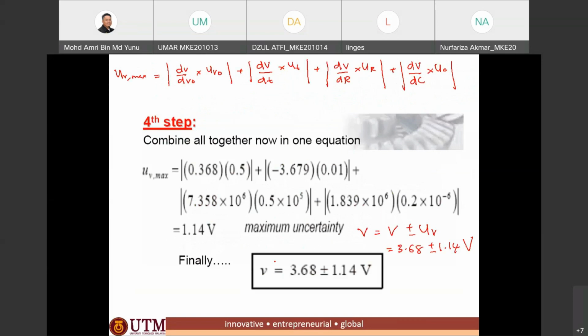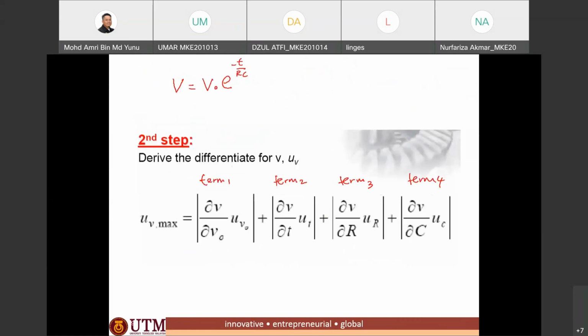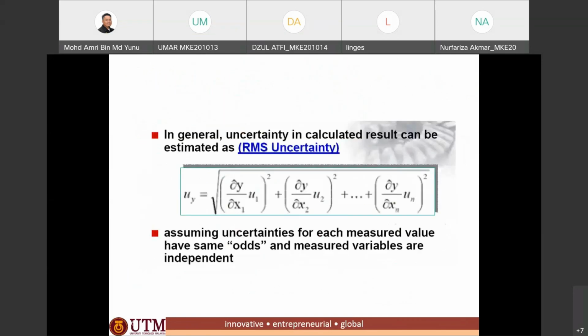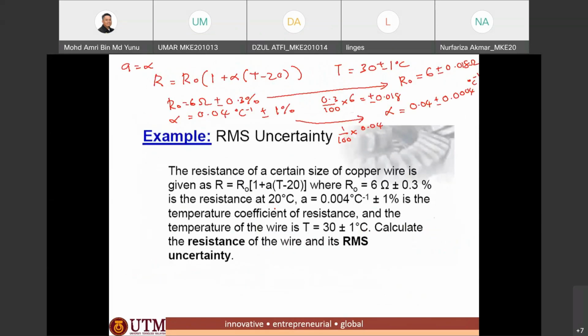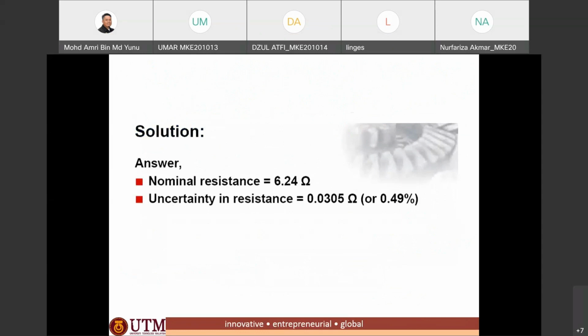Okay, it is basically this formula, whereas you square first and then you sum the values. Then the answer, you should get the absolute uncertainty.